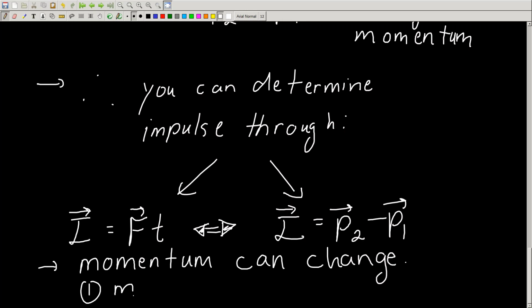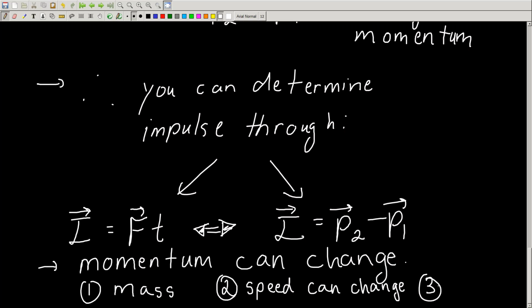One, its mass can increase. Two, speed can change, decrease or increase. And three, direction of the object can change. So really the force is only going to be affecting two or three.